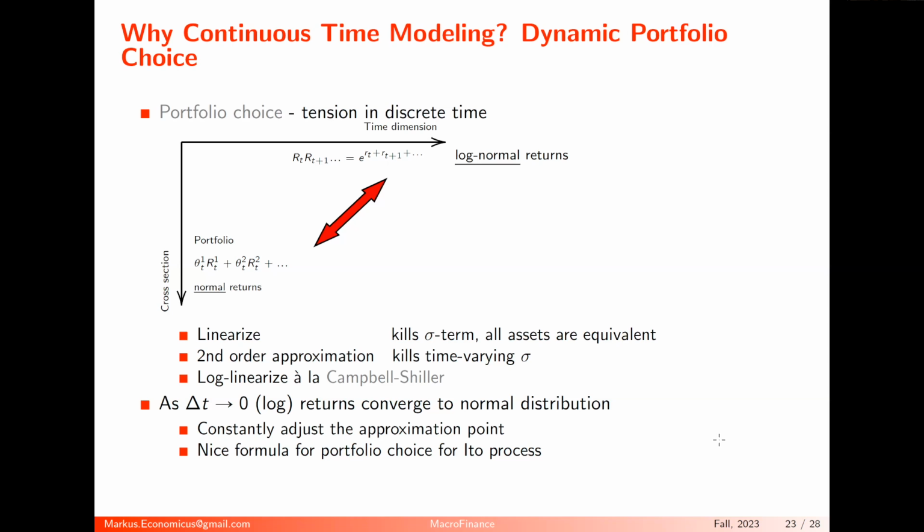So if you do a static model, like the initial finance models did, most models use normal payoffs, not returns, and a constant absolute risk aversion utility function. Each asset has a payoff which is normal, and a portfolio is a weighted sum of normals.